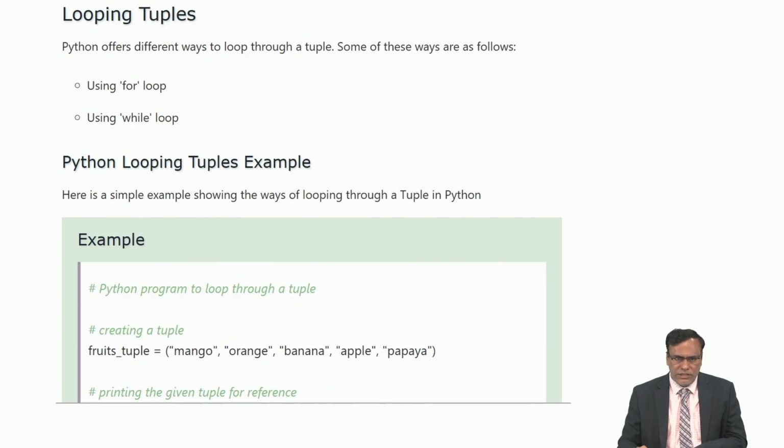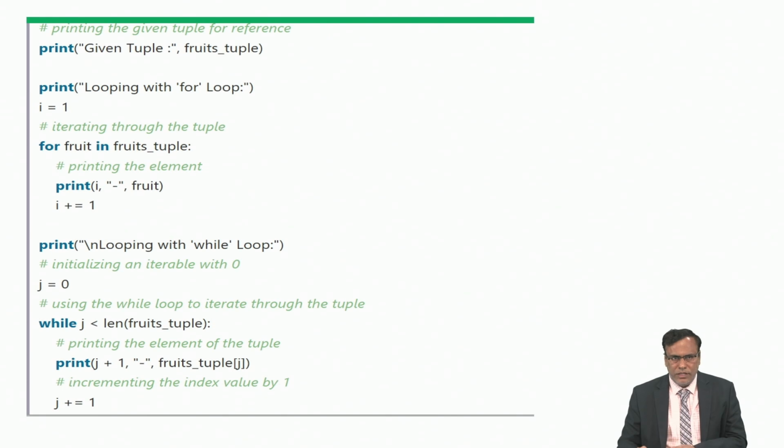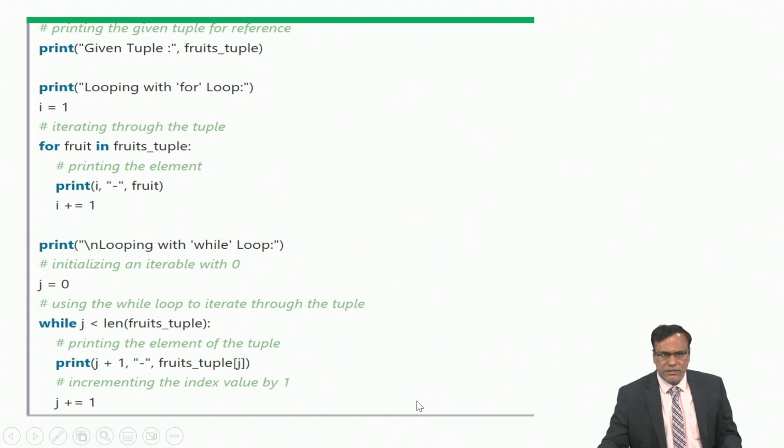So that is what this is. Here we have just created one tuple and printed it, and using loops, you have 2 loops available: the for loop and the while loop, using any one or both. If you want to print, you can access. So this is the name of the tuple, fruits tuple.